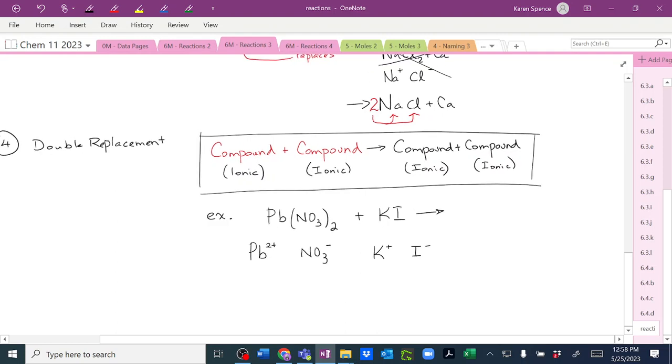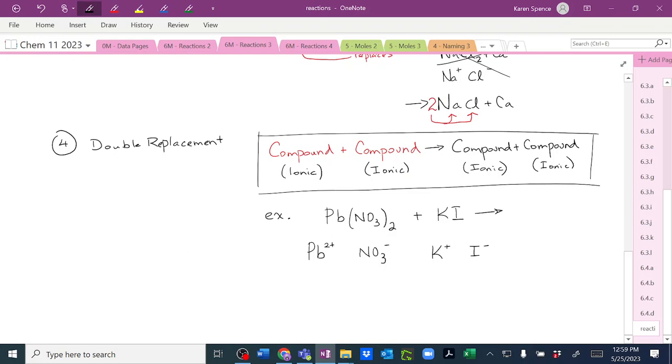And what we're going to be doing is, step 1, combine the outside ions. What do I mean by outside ions?